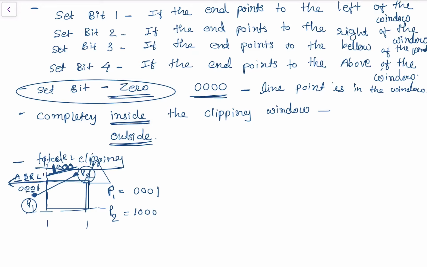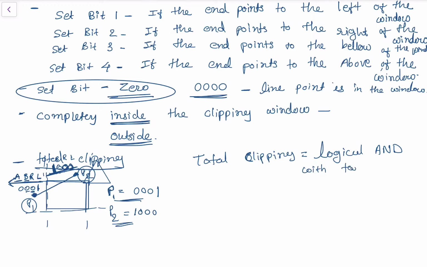And what is the total clipping? We have to make a logical AND operation with the two endpoints, right?